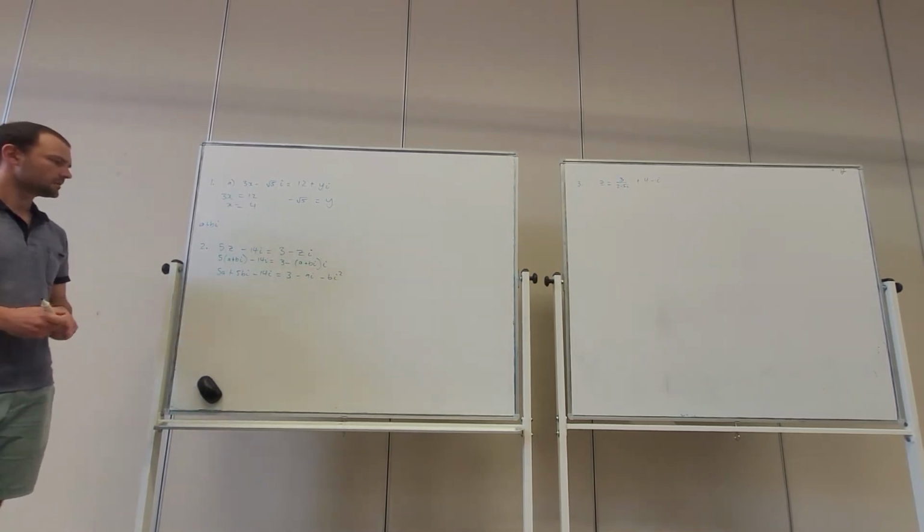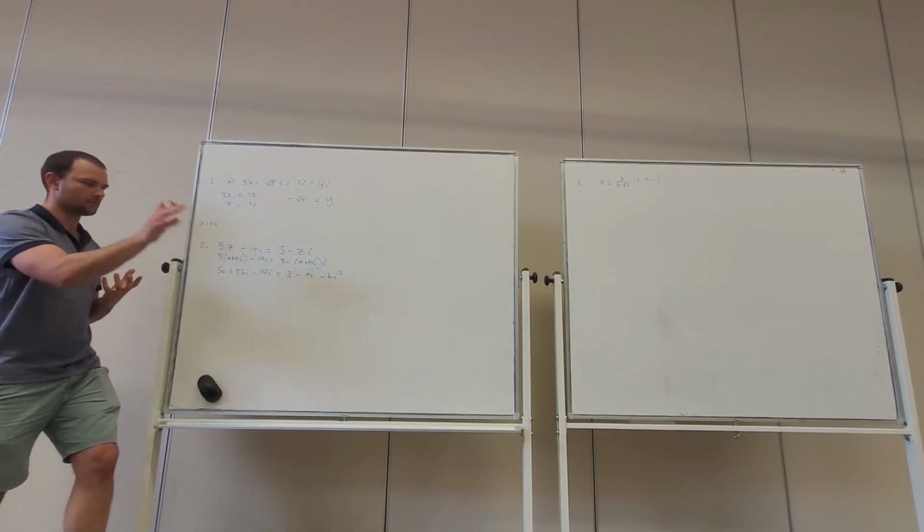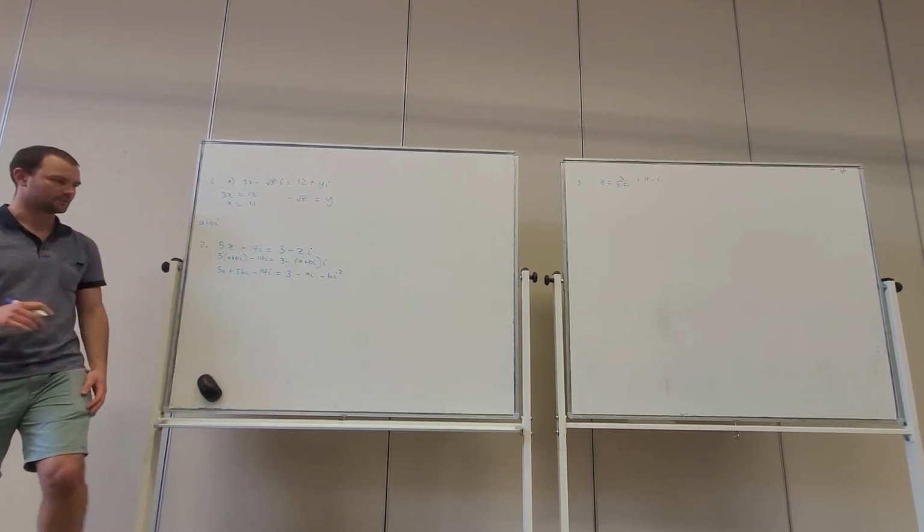Okay, so here's what we're going to do. We're going to try and get the a's and b's on the left side and just the numbers on the right side so that we can isolate each respective part.